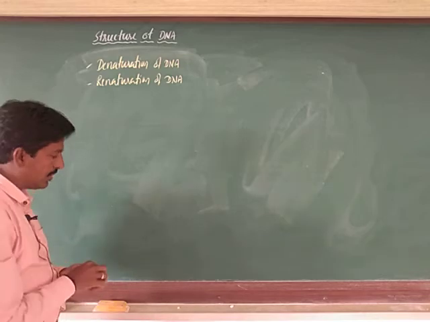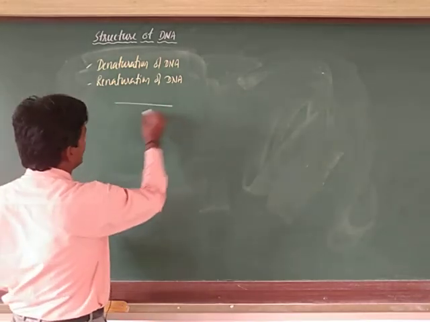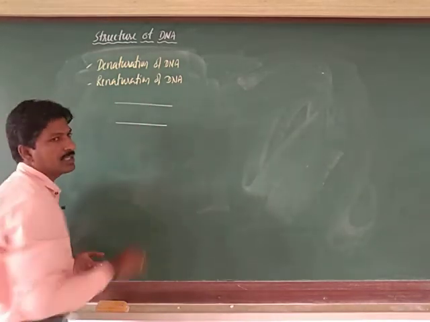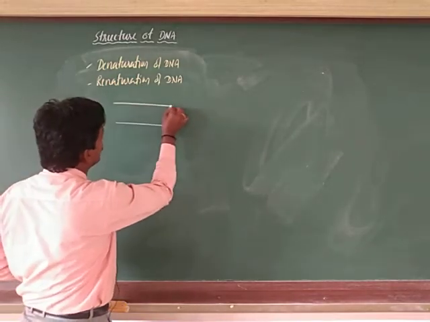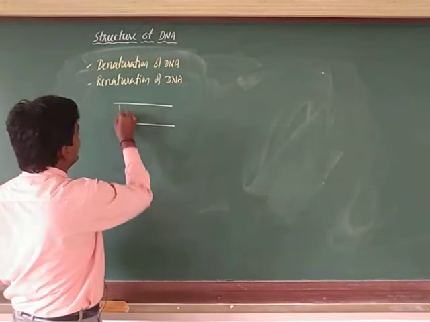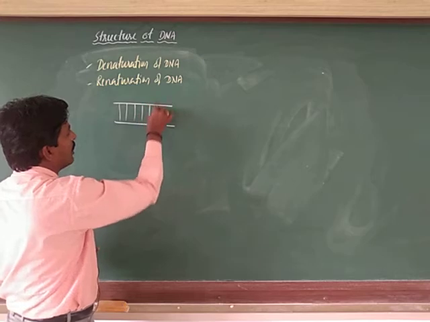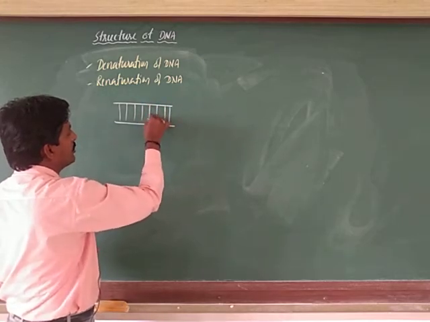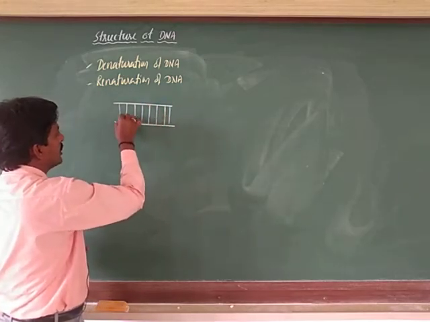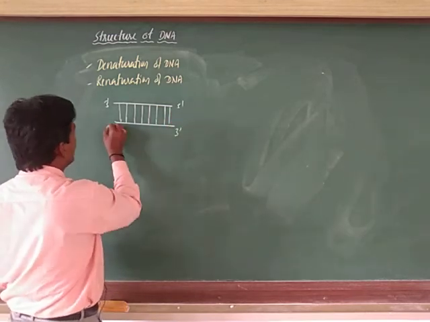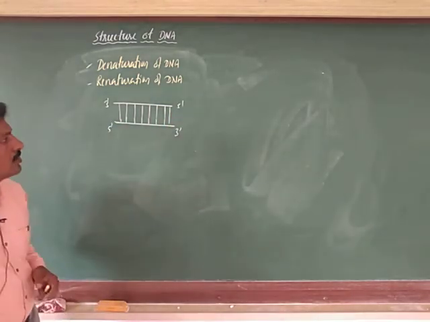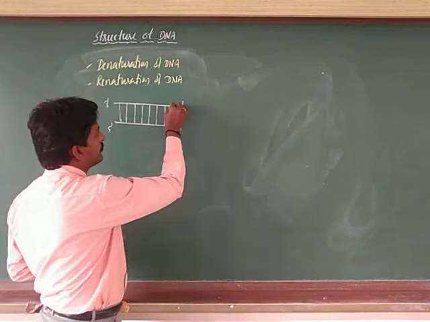As you know, DNA is a double stranded structure, so it is applicable for double stranded DNA. So this is one strand, this is another strand. So there are nitrogen bases. Understood? These are the nitrogen bases, 3rd prime and 5th prime end, and 3rd prime end here, 5th prime. Okay, so these are open ends.